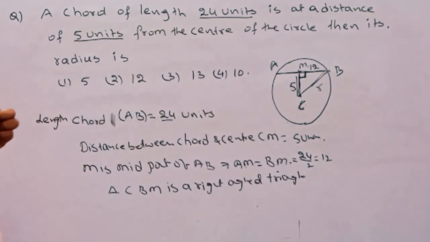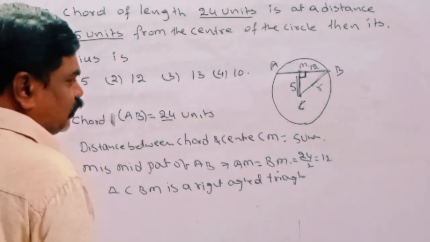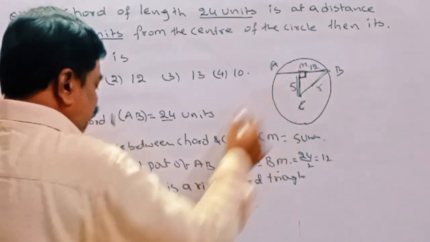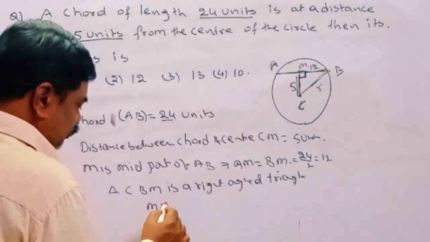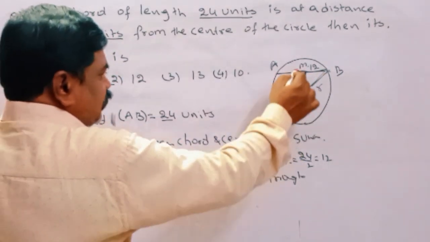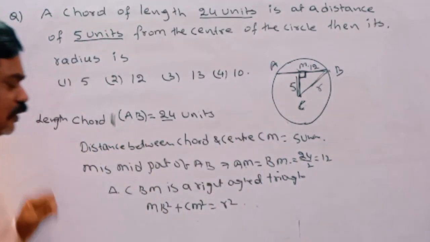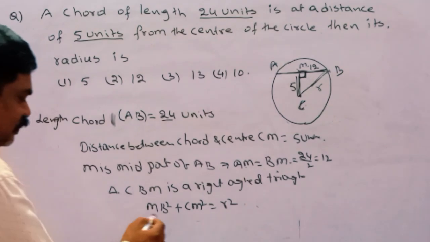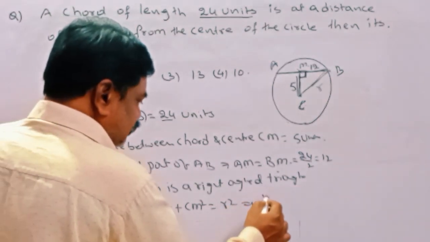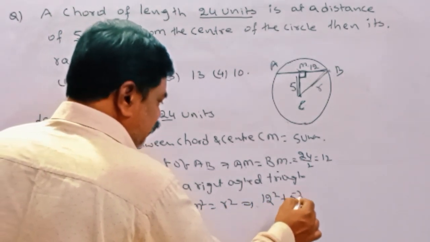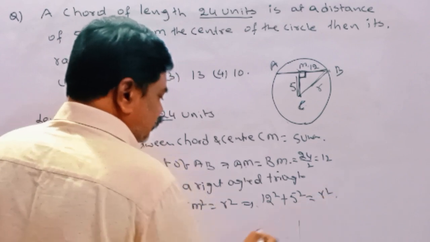So MB square plus CM square is equal to R square, radius square. This implies 12 square plus 5 square is equal to R square.